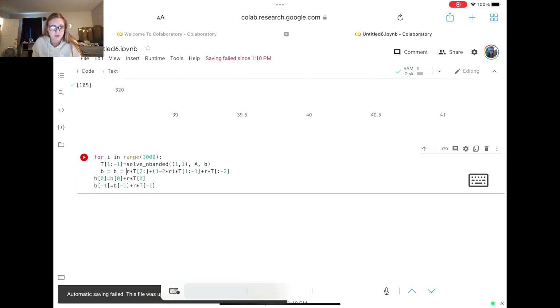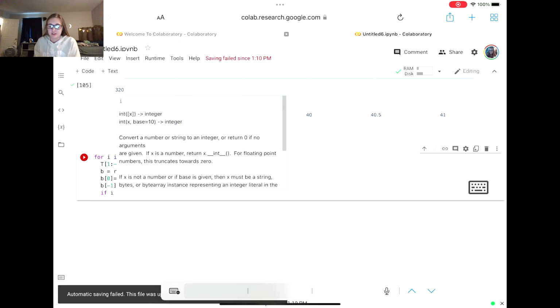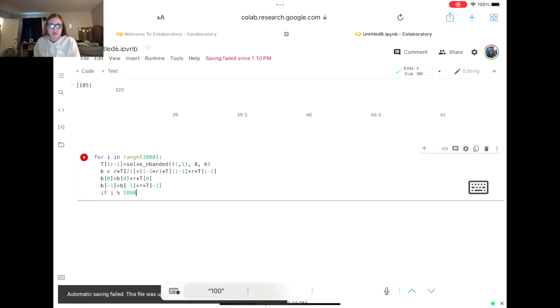Let's get rid of those extra B's. I'm going to make sure this is all aligned. Wonderful. So now that we have there and there, we do have 3,000 time steps. So we're going to change that to just show every 100 time steps, just to make the graph a little bit cleaner.